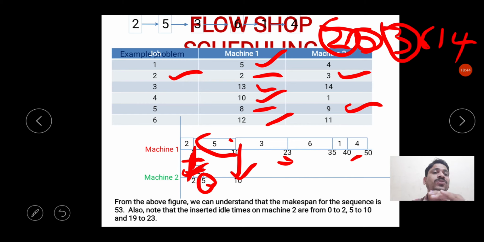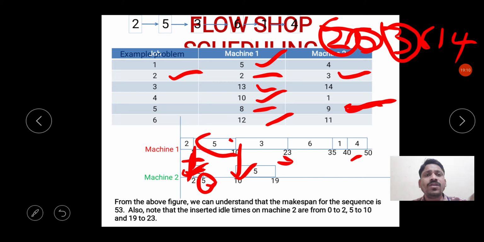So from 10 hours it starts processing on machine 2. Job 2 is finished, so job 5 starts at 10 because it came from machine 1 at 10 hours, right? So from 10 to how many hours? 9 hours. As you can see here, it is 9 hours. So 10 plus 9, till 19 hours, job 5 is finished.